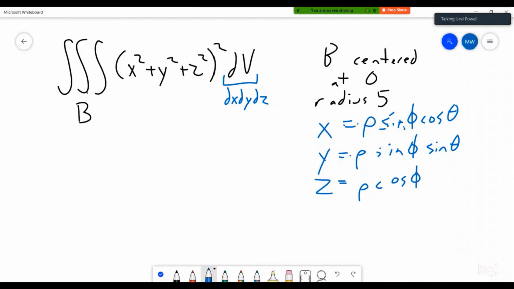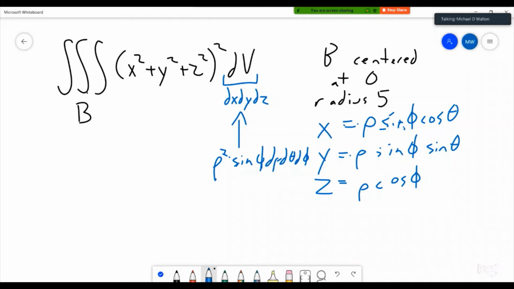That's the rho squared sine phi. So that is going to get replaced with a rho squared sine phi, then d rho, d theta, d phi, whichever order we put them. So that's what that piece is going to get substituted for.